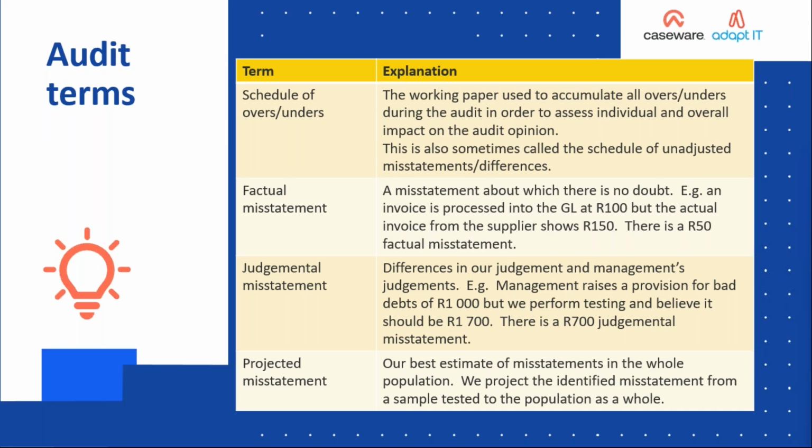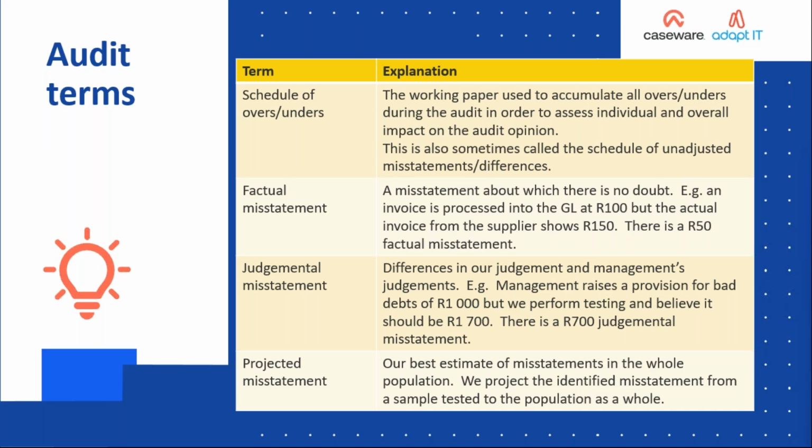Now, all those different misstatements, we will process with the different categories on Audit International using Caseware working paper tools. We've seen your journal entries options on Wednesday. You can then choose the type of misstatement.